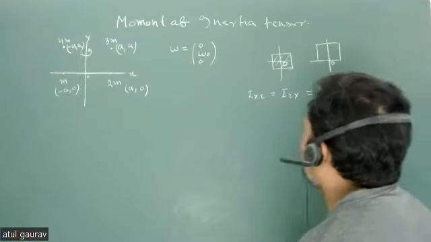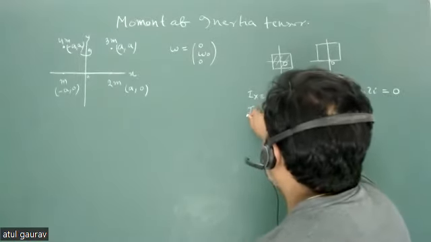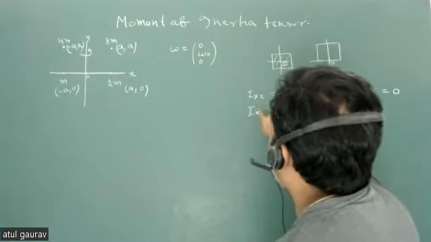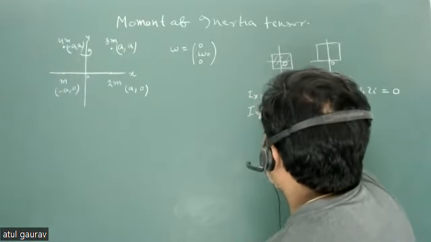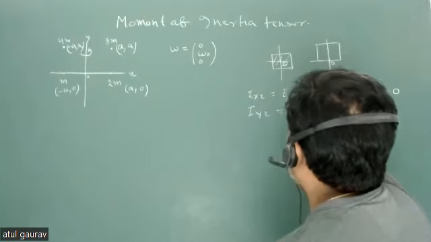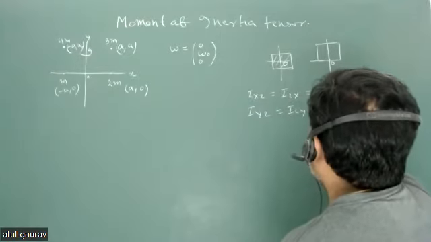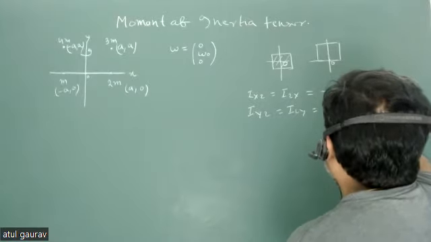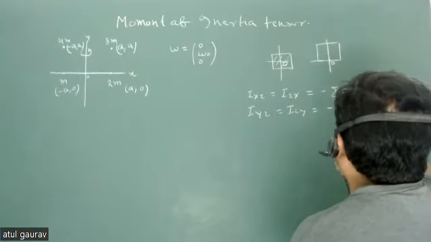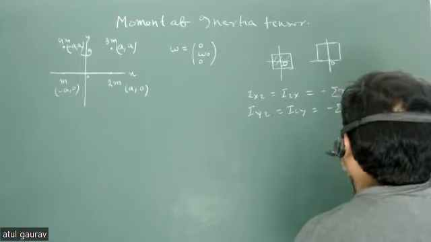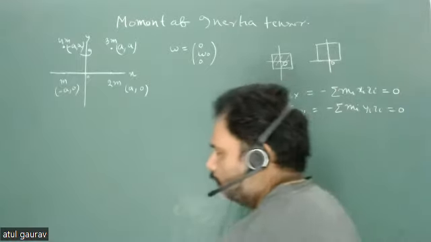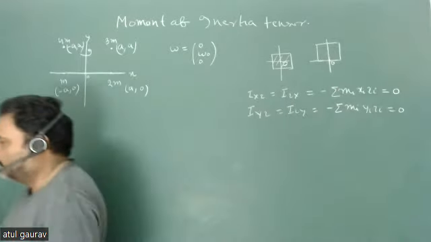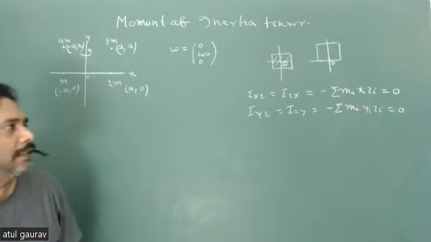Yes, sir. Similarly, I have Iyz is equal to Izy is equal to minus summation over mi yi zi is equal to 0. So obviously these 4 components are 0.